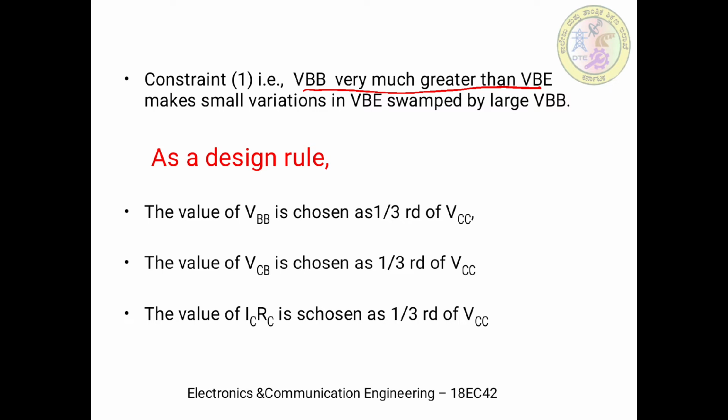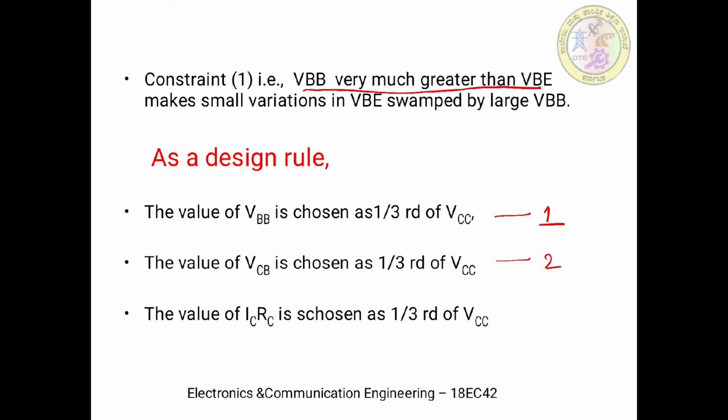Therefore, in this particular biasing technique, a rule of thumb design rule is used. What is that design rule? The value of VBB is chosen as 1/3 of VCC. This is the first condition. Similarly, the value of VCB is again chosen as 1/3 of VCC.